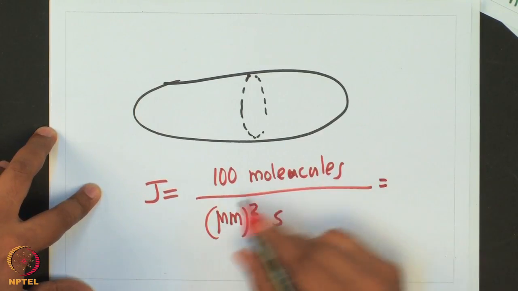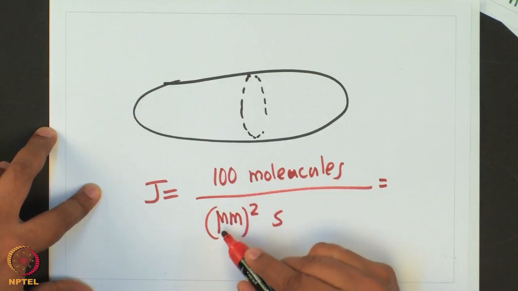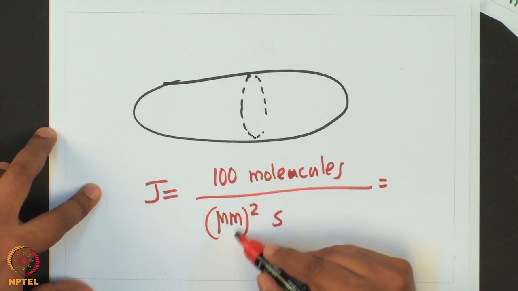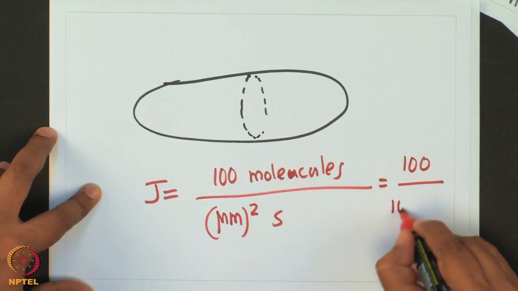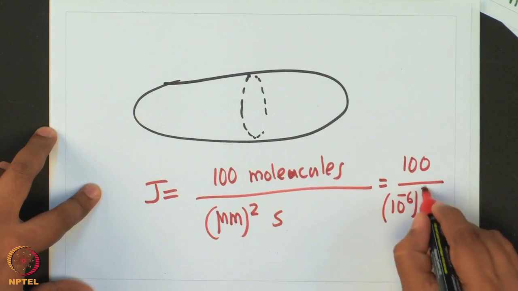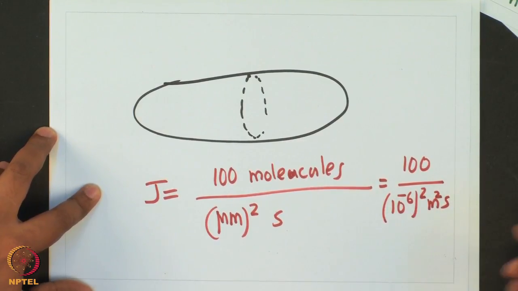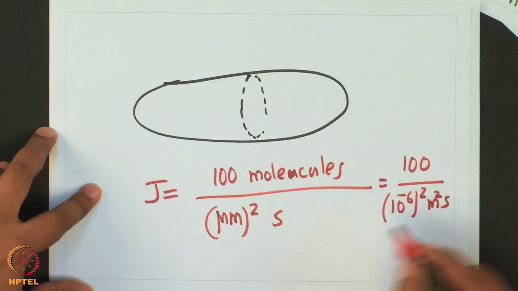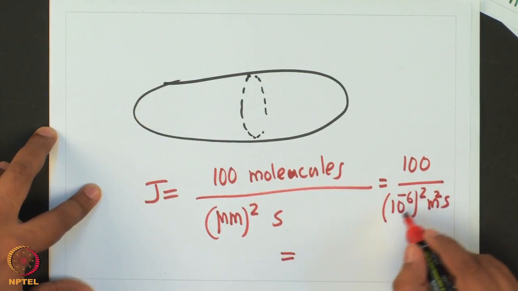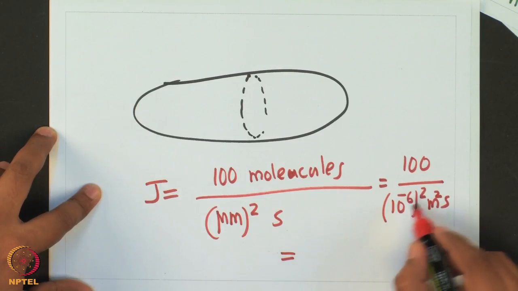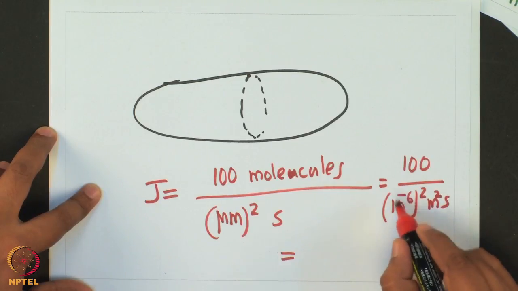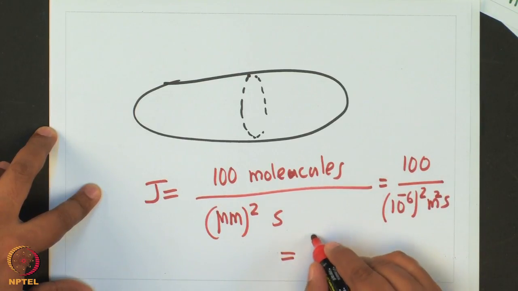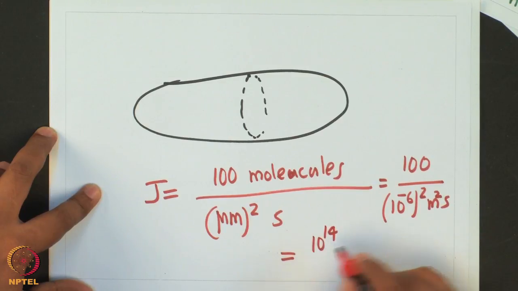In SI units, micrometer I can convert to 10 power minus 6 meter. So this will be 100 divided by (10 power minus 6 meter) square second. This would be a big number. So this will be 100 divided by 10 power minus 12, which becomes 100 times 10 power 12, that is 10 power 14 meter minus 2 s minus 1.